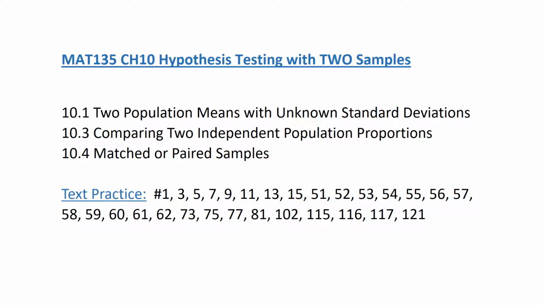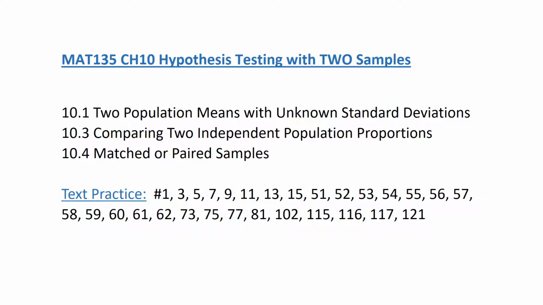Except now, instead of comparing a single population mean or proportion to some given predetermined number, we are going to be comparing two population means or two population proportions. Or in the case of matched or paired samples, the difference between results for a single population or matched pairs from different populations instead of two independent populations.